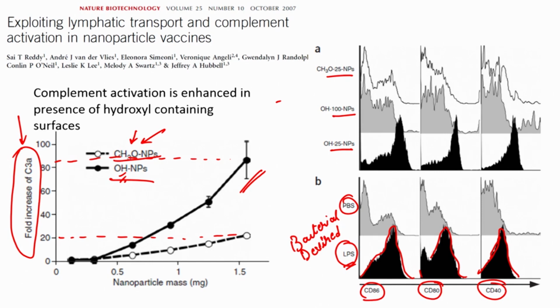Now if you compare it with the scenario where you are delivering either a bigger particle or a particle which is not as nucleophilic, you see that it is very similar to PBS. However, if you deliver it with hydroxyl particles, you get very similar activation, in some cases even slightly higher than your positive control, LPS.